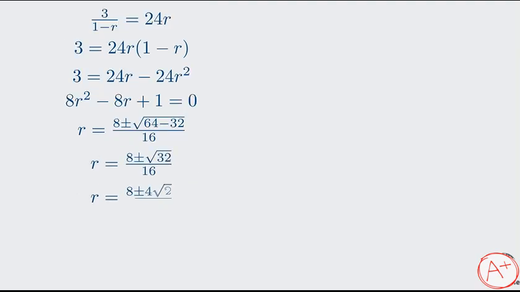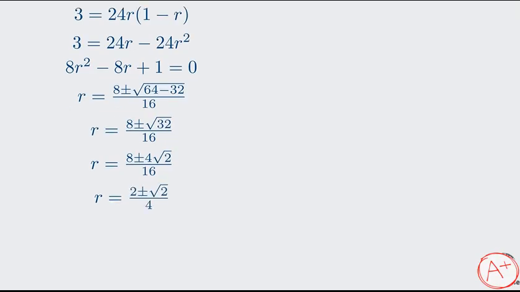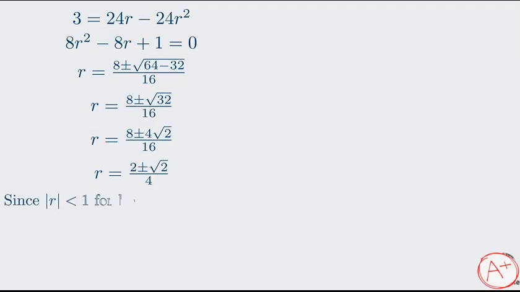Simplifying the radical, root 32 is 4 root 2. So, r equals 2 plus or minus root 2, all over 4. We must check if these ratios allow for convergence. Since root 2 is about 1.41, both values result in an absolute value of r less than 1. Therefore, both are valid solutions.